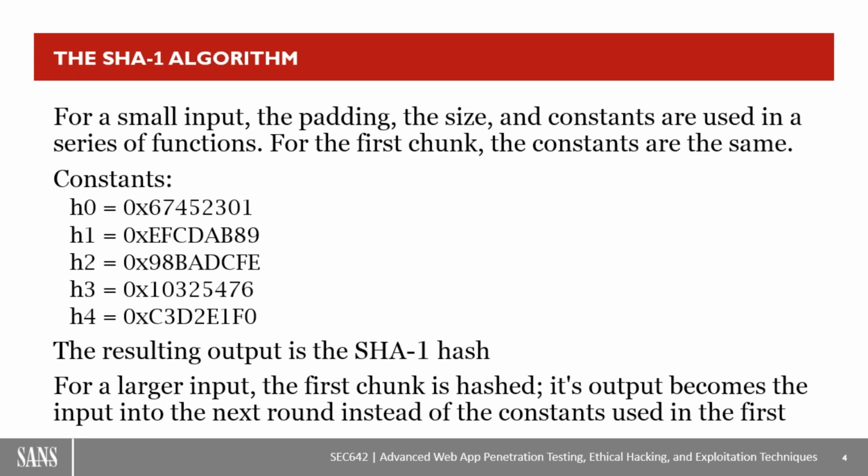For the second round, going back to our second example of 520 bits, our first round is loaded. The constants are brought in from the registers. The constants and the first 512 bits are run through the algorithm and provide an output, the hash. Then we have the next 8 bits left over. So we have 8 bits, then higher order bit turned to 1, then the padding of zeros up to 448, then the overall size of 520 bits.